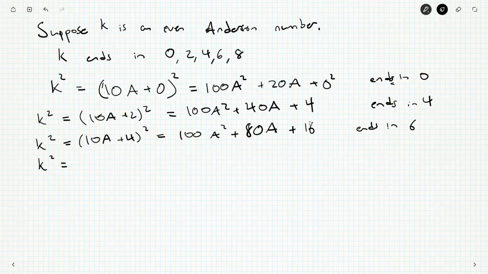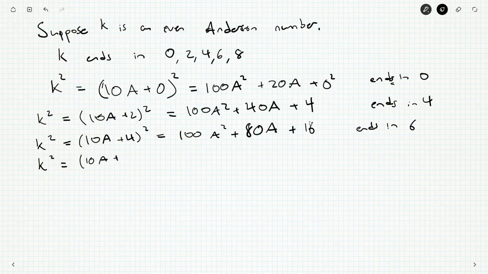By the way, in a moment I think we'll show that no Anderson number can actually end in a 0, but right now it looks like it could. But the second you end in a 0, your square will end in 2 zeros, which means you had to start with 2 zeros. But the second you end in 2 zeros, then your square has to end in 4 zeros. And it just gets messier.